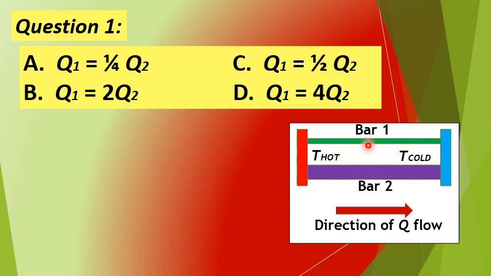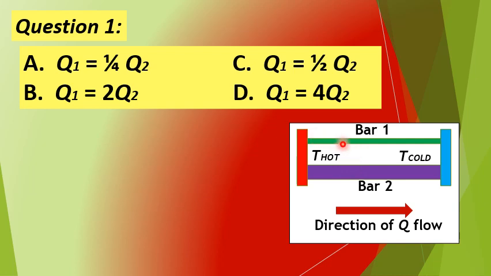It was mentioned that bar 1 has a cross-sectional area that's only one-third that of bar 2, and that the thermal conductivity constant of bar 1 is 6 times larger compared to that of bar 2. All right?